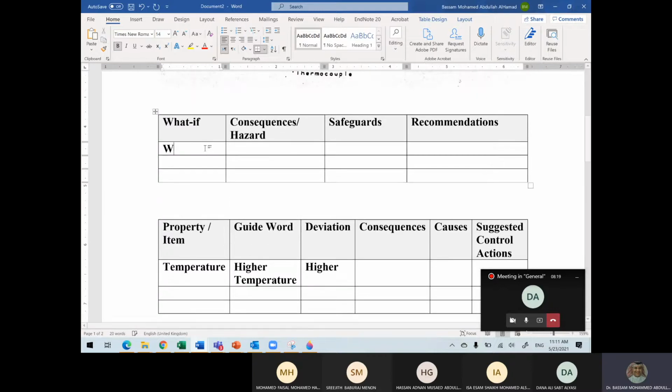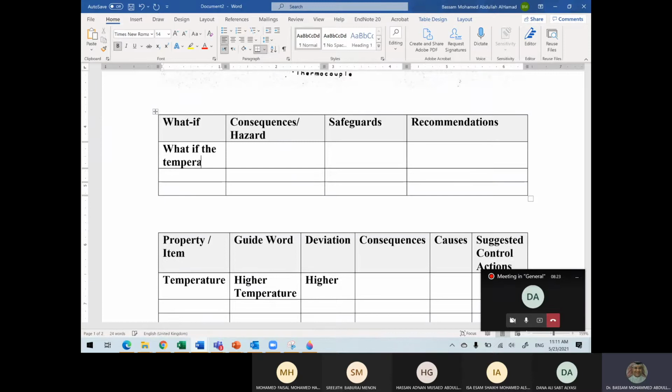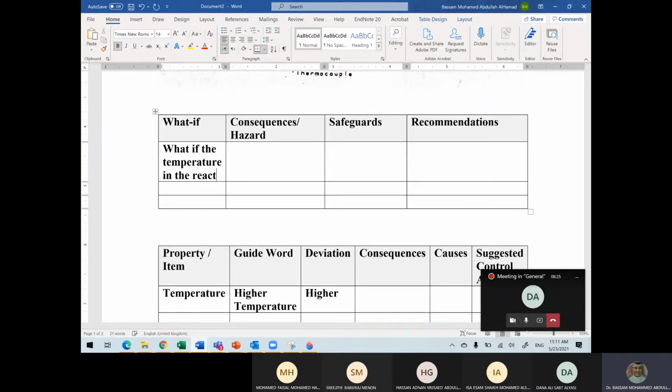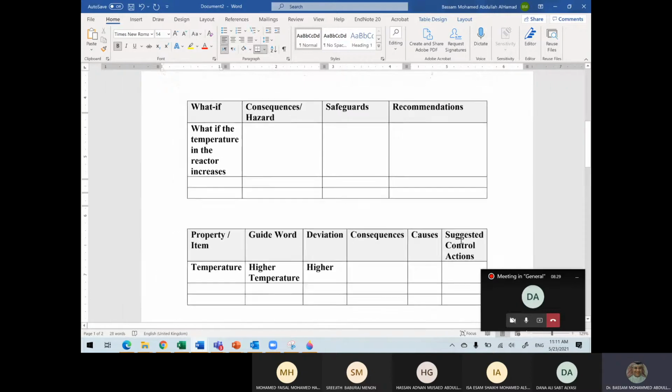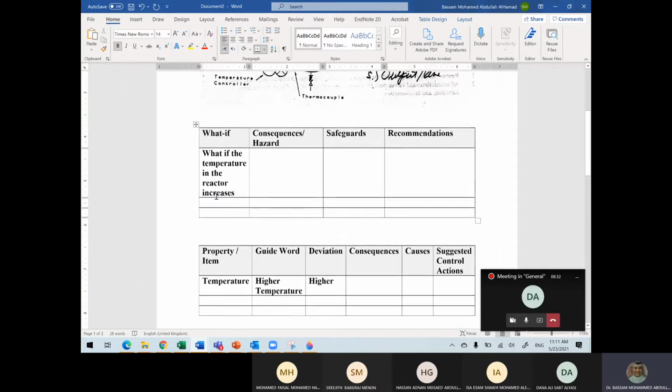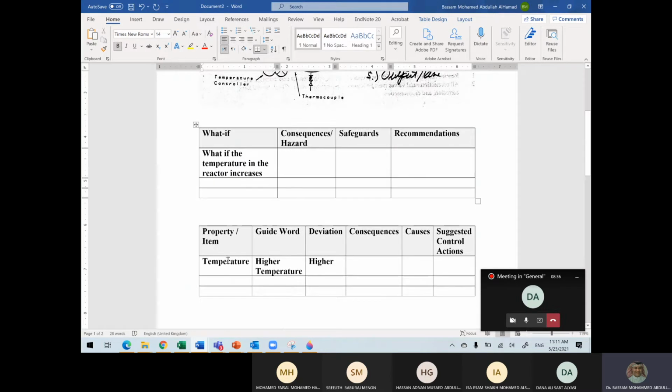And here you go: what if the temperature in the reactor increases? Let me zoom out. You can see that what I have written here, what if, looks very similar to what I'm writing here, except that this is the hazard study and this is the what if analysis.